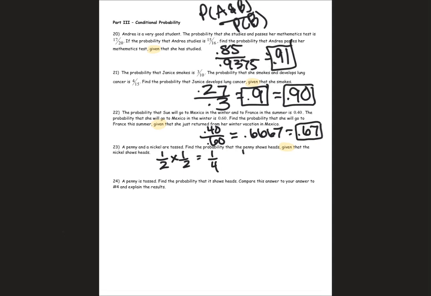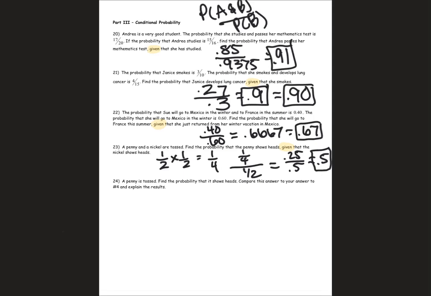So I'm going to have 1/4 divided by probability of just getting a head on the nickel, which is 1/2. So I have 0.25 divided by 0.5, which is 1/2. So that's my probability.